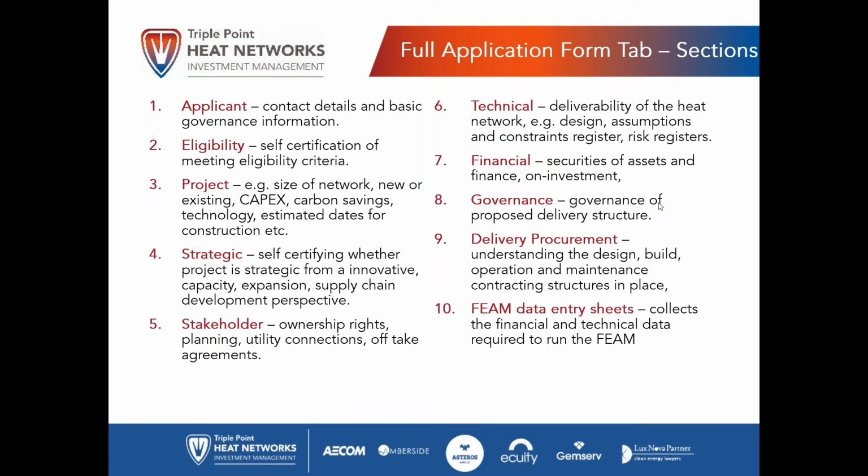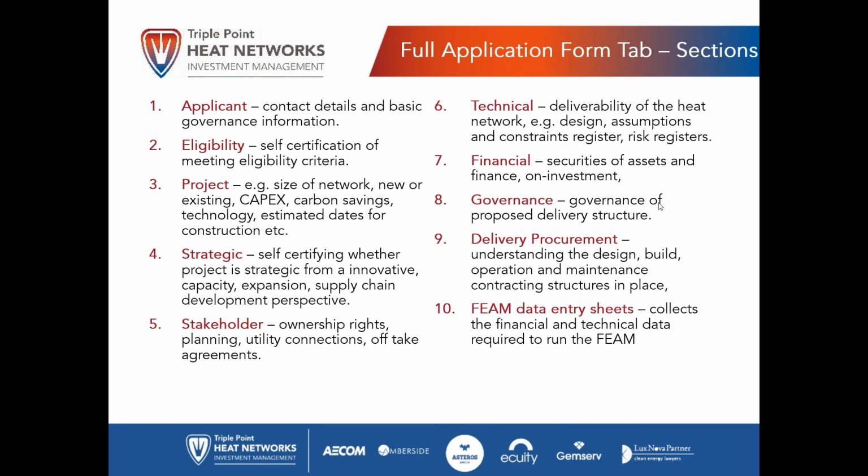So the application form itself consists of a number of different tabs. We ask you for basic contact information, governance of the scheme. We ask you to self-certify that you meet eligibility criteria. We obviously want to understand the size of your network, the carbon savings that you expect to see, the technologies that you're going to be using.